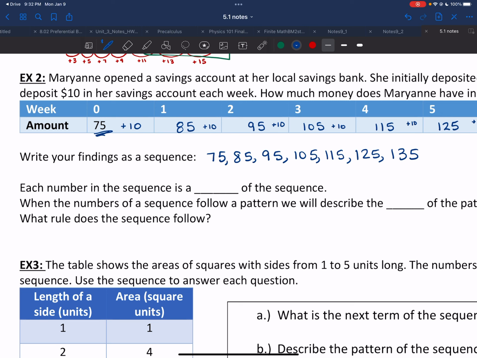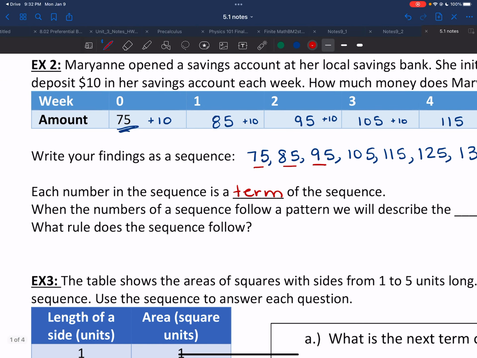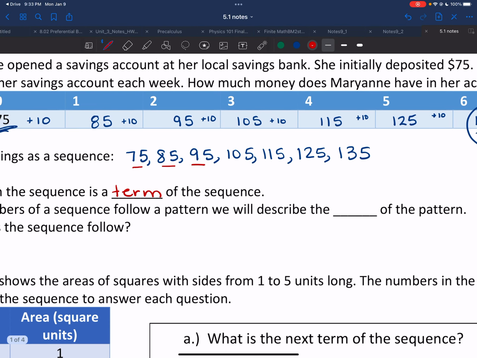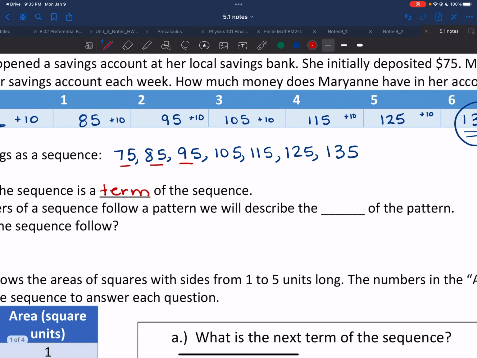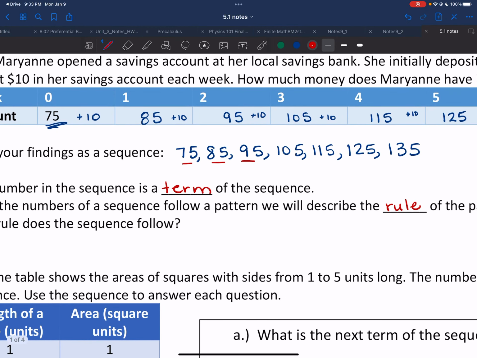Okay, so when we have this, each of these numbers in the sequence is called a term of the sequence. When the numbers of a sequence follow a pattern, we will describe the rule of the pattern. Okay, what rule does the sequence follow?